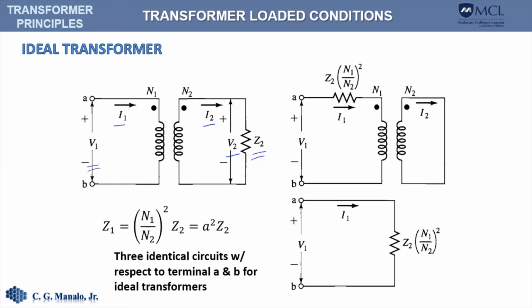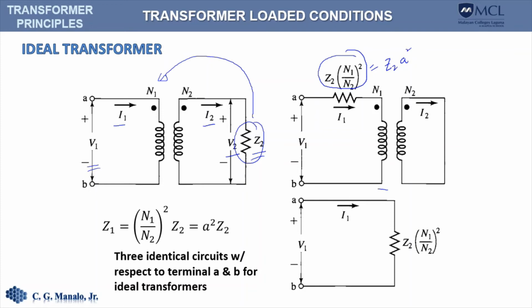Well, what we can do here is transfer this impedance to the primary, so that will give us this. If we transfer that impedance to the primary, that impedance will look different with respect to the primary. In fact, it would look like this, so this is equal to Z sub 2 times a squared.